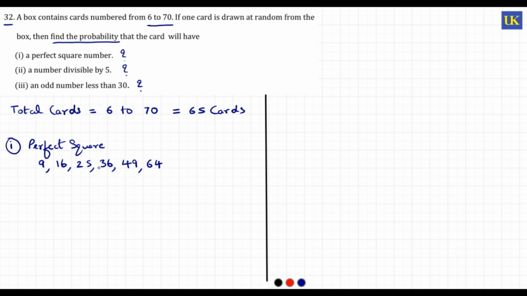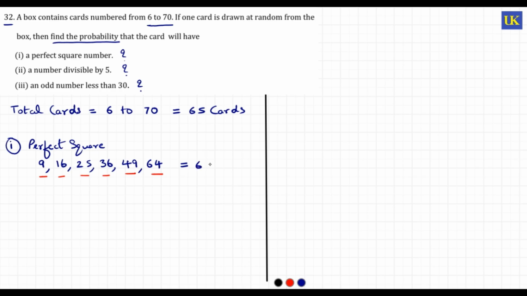So these are the numbers which are perfect squares. How many such numbers do we have here? 1, 2, 3, 4, 5 and 6. So in total we have 6 perfect square numbers.